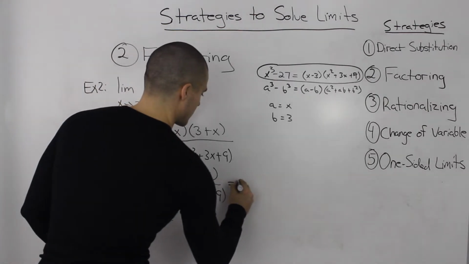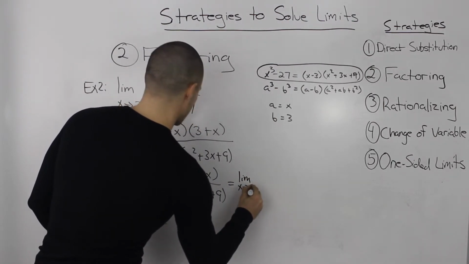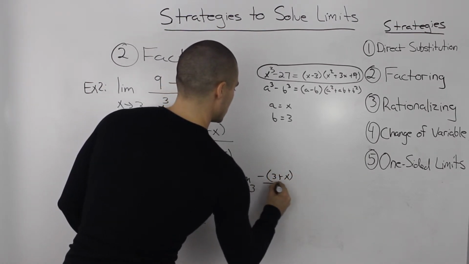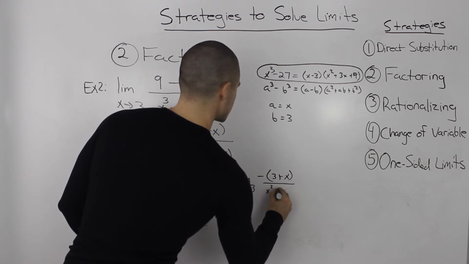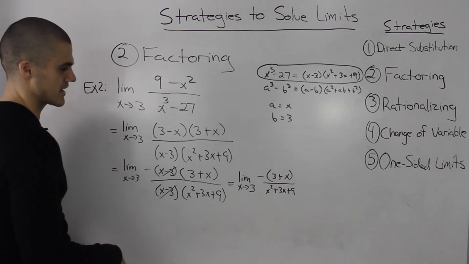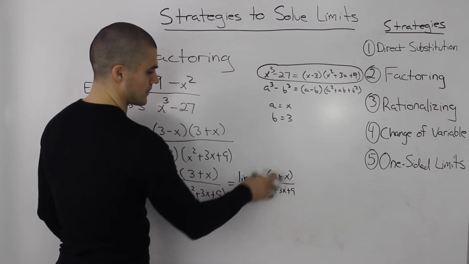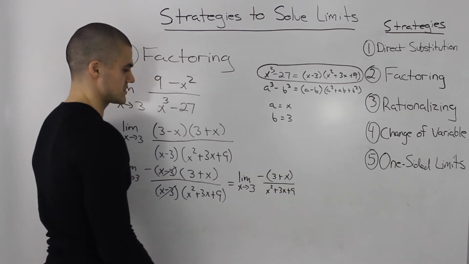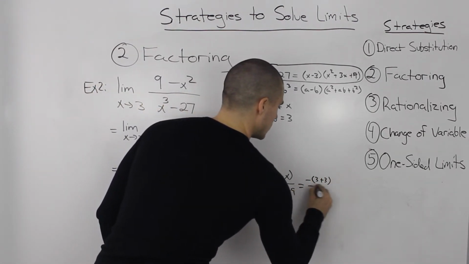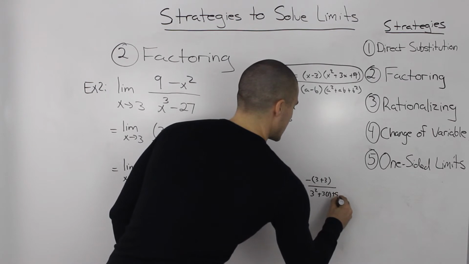So we're just left with the limit as x approaches 3 of negative 3 plus x all over x squared plus 3x plus 9. This is after the x minus 3 brackets cancel out. And now we can plug 3 in for x, because the denominator won't be 0 anymore. So we'll have negative 3 plus 3 over 3 squared plus 3 times 3 plus 9.